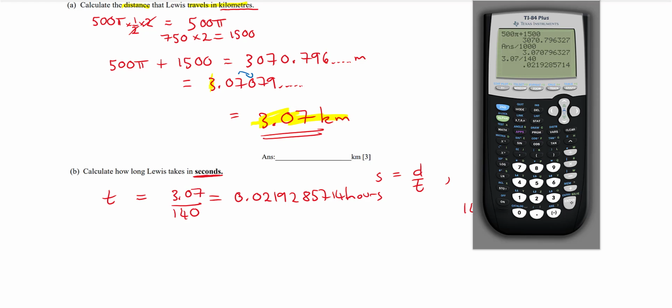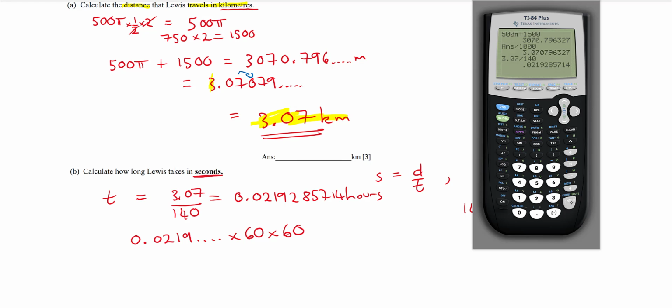So to convert to seconds, we need to multiply by 60, that'll get us into minutes, and then multiply by 60 again to get us into seconds. So we're going to have 0.0219, etc. times 60, that'll get you from hours to minutes, and then times 60 again to get from minutes to seconds.